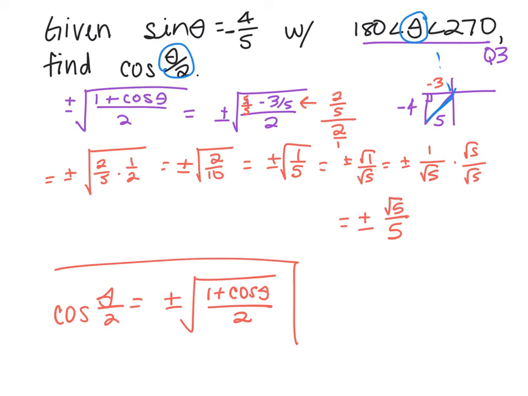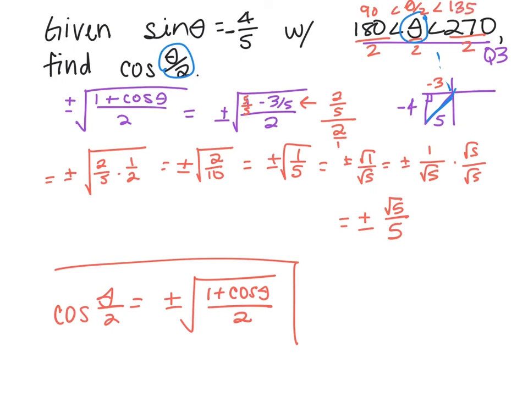If we have that 180 is less than theta less than 270, essentially, if we're doing a half angle, think about dividing those by 2. If 180 is less than theta less than 270, well, that means that 90 would be less than theta over 2, and then 270 divided by 2 is 135.